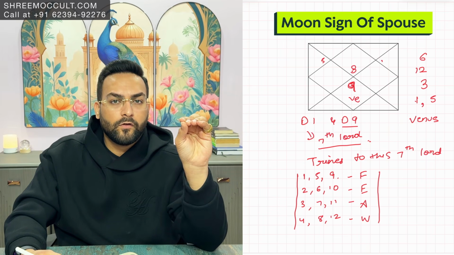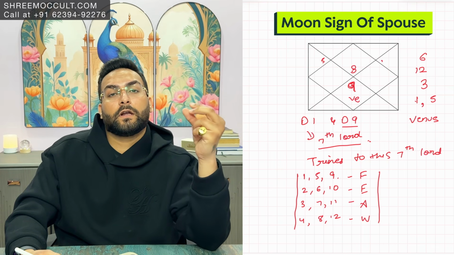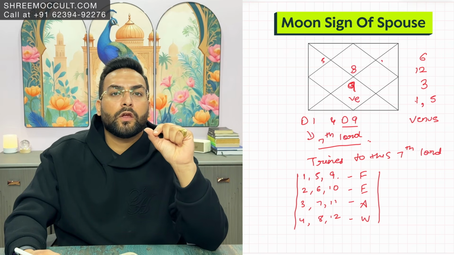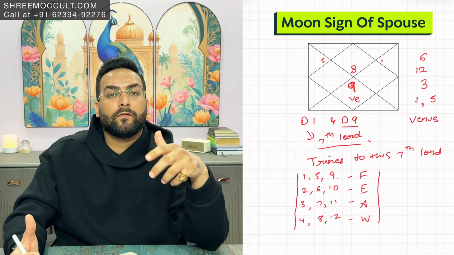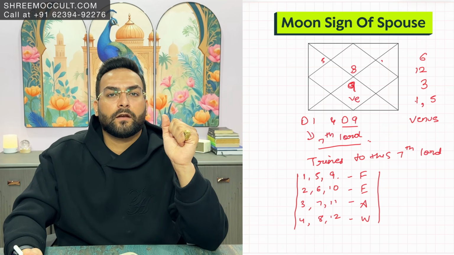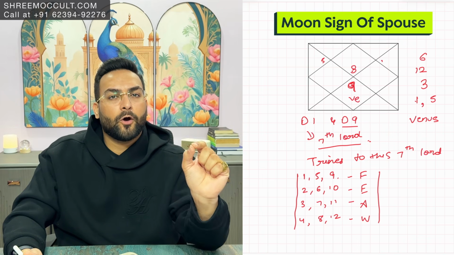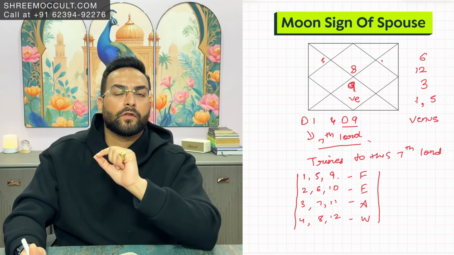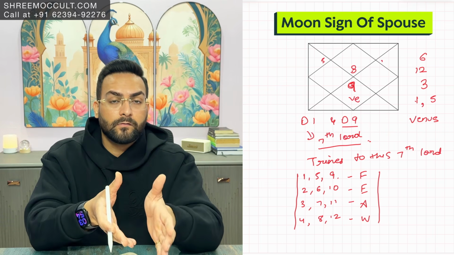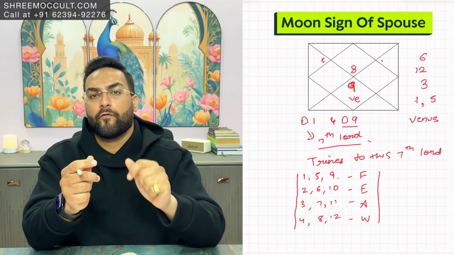The third possibility is that your 7th lord is exalted in some sign, like Sun. Sun is exalted in Aries and debilitated in Libra. So you can use that. It depends on what the planet is, so it's the exalted sign or the debilitated sign. So these are the four possibilities from which you can find out the moon sign of your spouse. Now, this is one of the easiest, simplest methods, and it has been given by Pandit Sanjay Rath. So we are using his technique to find it out.